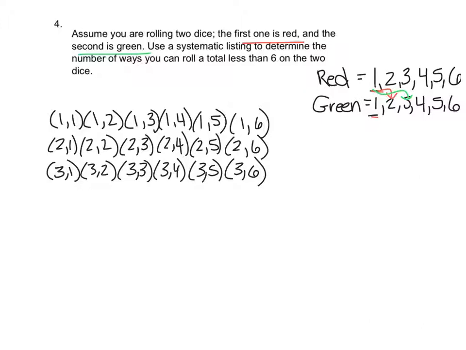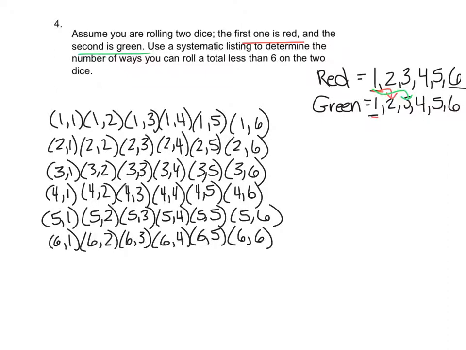I'll continue this process until I've listed all of my outcomes, which means I'm going to go until I roll a 6 on the red die. Okay, so I just listed all of my pairs for rolling 2 dice. These are all the outcomes that I could have, and there are 36 total outcomes.